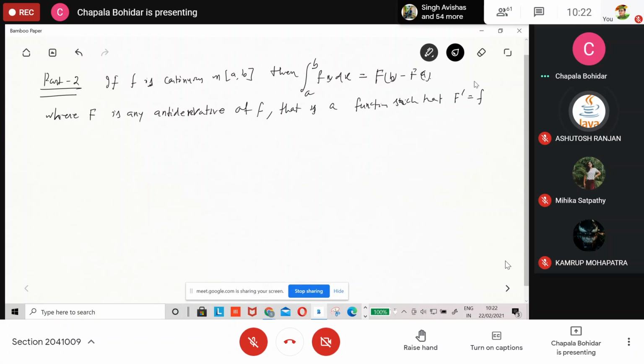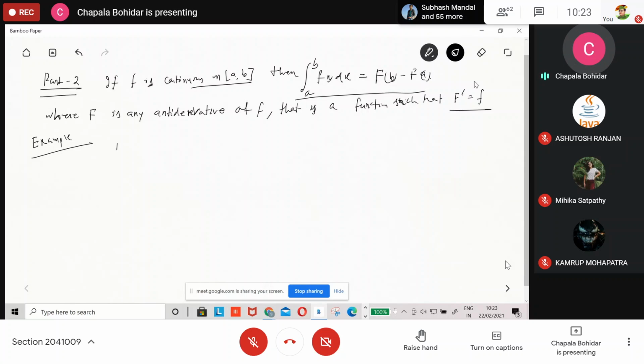Okay, now I am doing one example. The proof of this theorem is not necessary, don't go through that. By using this formula you have to solve, and it is continuous here. By checking all this, you have to evaluate the integral.